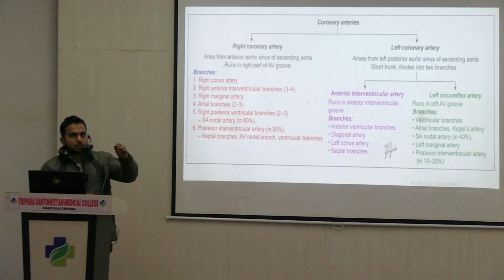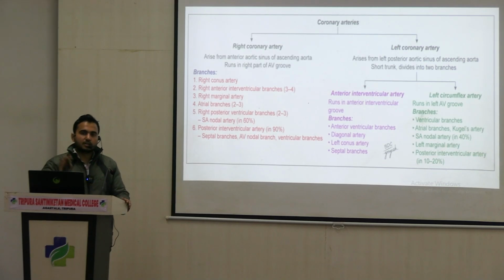After that, you have to list all the atrial branches and where they are going, and then ventricular branches where they are going. That's it. This is the easiest way you can write about the branches of the right coronary artery. Not only right coronary artery, in case of left also, the technique will remain same.